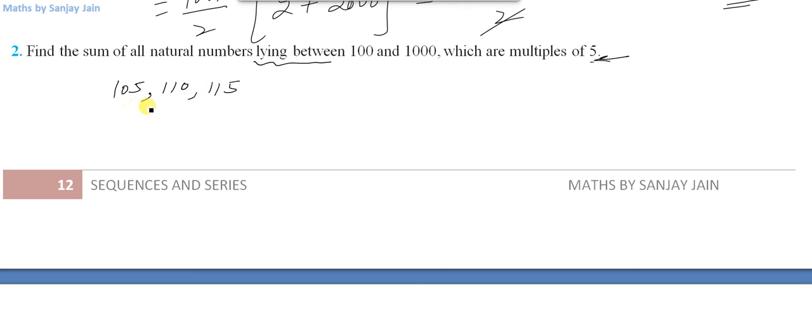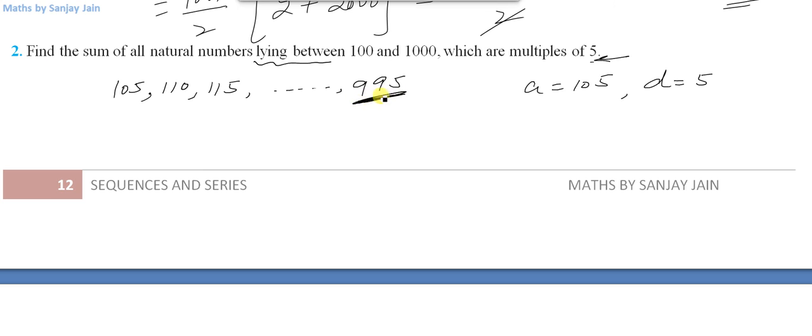So these numbers will be separated by 5, or the common difference will be 5, and the last number that I'll have is 995. Okay, so I need to find the sum of these numbers and I know the first term is 105, common difference is 5, and the number of terms can be obtained.